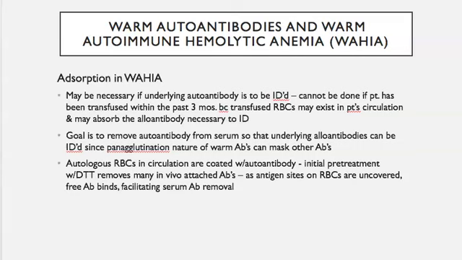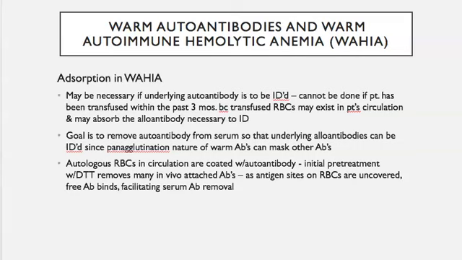So you've got autologous red cells in circulation that are coated with autoantibody. You might do an initial pre-treatment with DTT that removes a lot of the in vivo attached antibodies. As those antigen sites on the red cells are uncovered, free antibody will bind, so that facilitates your serum antibody removal.